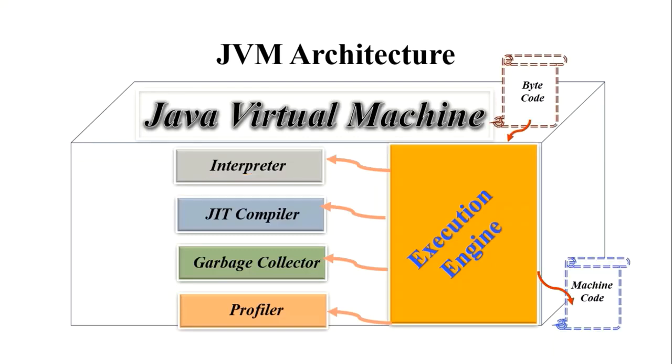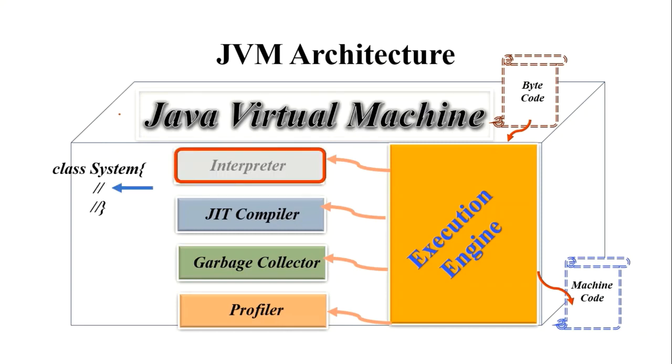Now here there is a problem. Whenever the interpreter reads a particular file, if there exists any repeated calling procedure, that is, when a method is called multiple times, it interprets those lines again and again. This is the main problem with the interpreter. And this problem is solved by the JIT compiler.